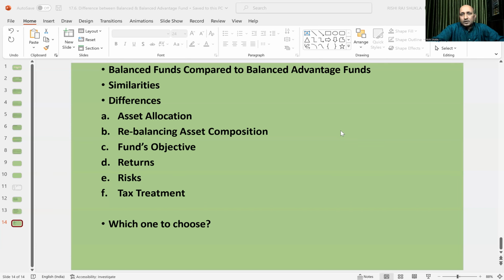In both cases, it is good for long-term wealth creation. But a balanced fund requires a longer horizon in comparison to balanced advantage because its investment composition is fixed, asset allocation is fixed, and it cannot go one-sided.